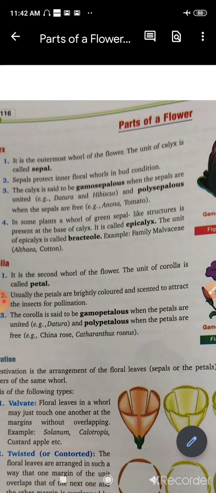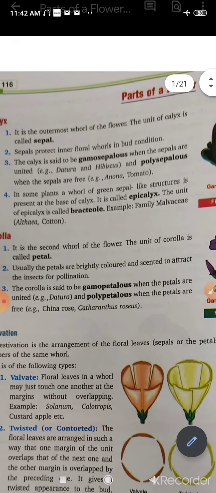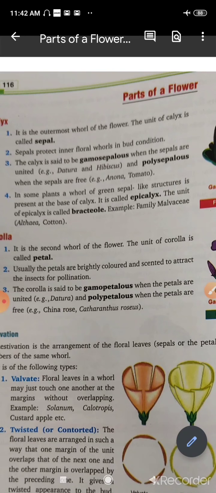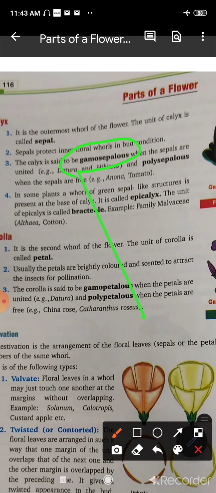Now if the calyx is united, that means when you cannot differentiate each sepal, when all the sepals are united together, then we use the term gamosepalous. At the same time, if the sepals are free, you can see each sepal separately, then it is termed polysepalous, right?